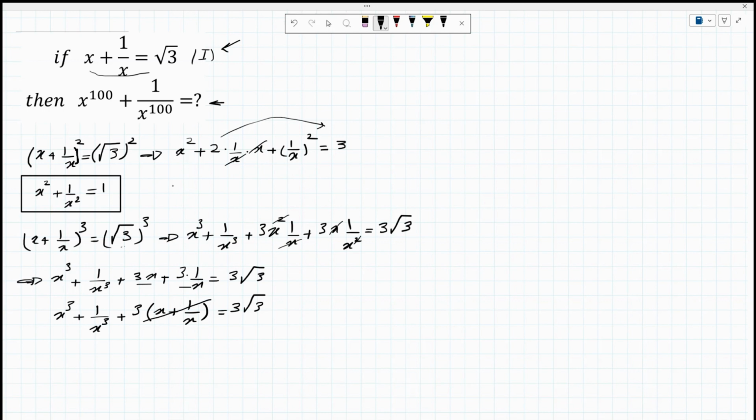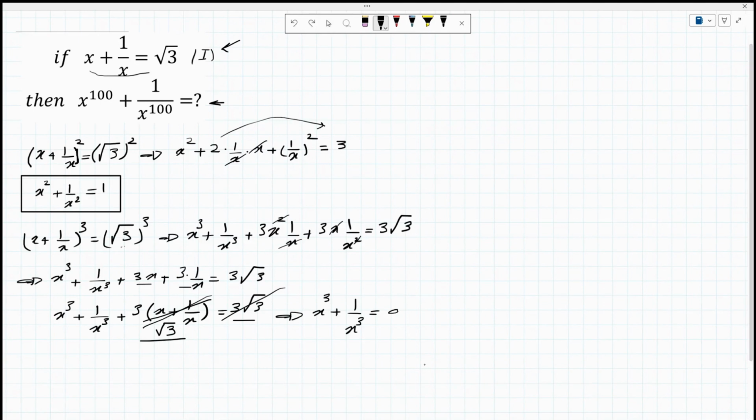So this term is square root of 3, and in total we're going to have 3 square root of 3 on both sides. So these two cancel each other. So from here we're going to have x to the power of 3 plus 1 over x to the power of 3 is equal to 0.